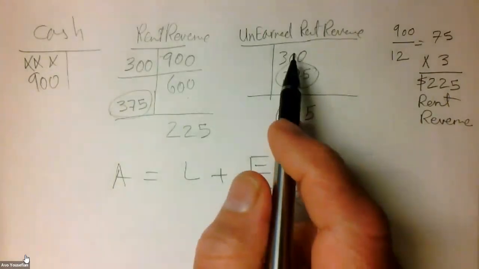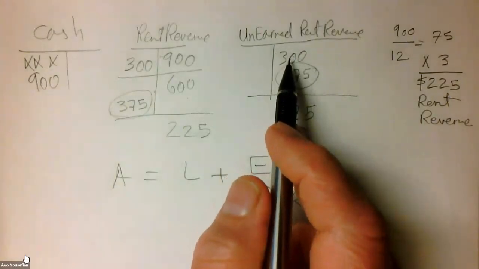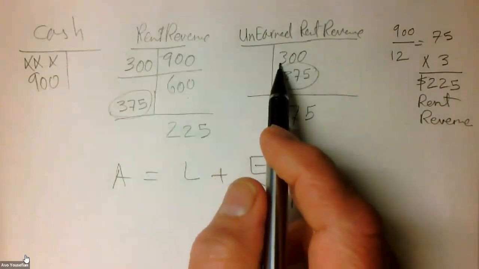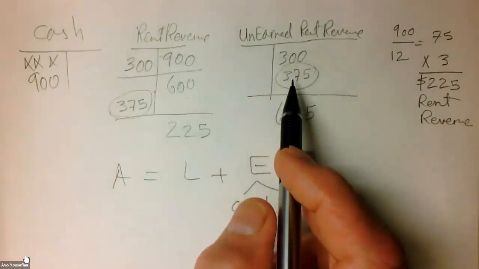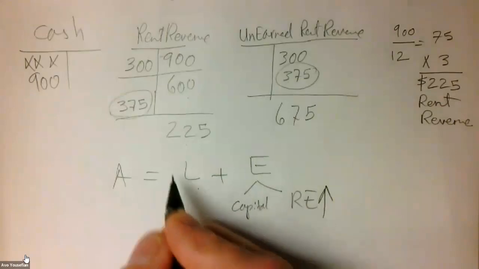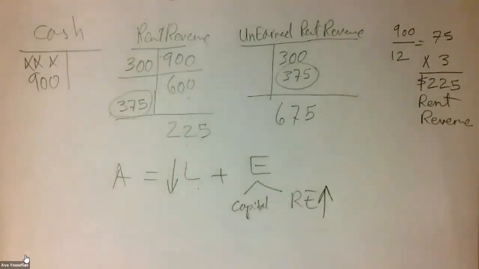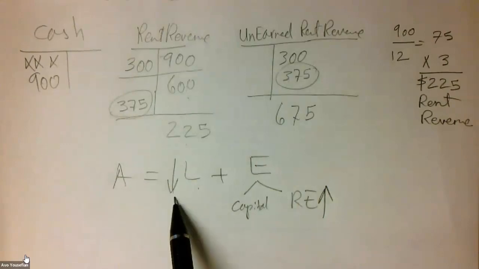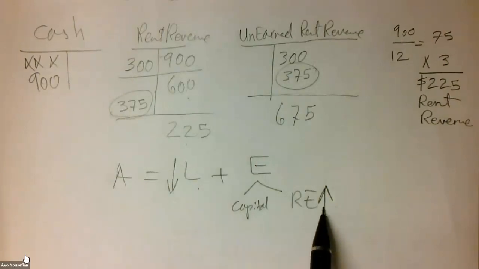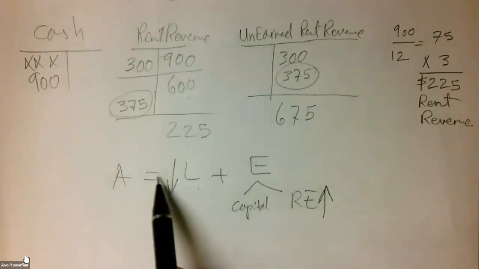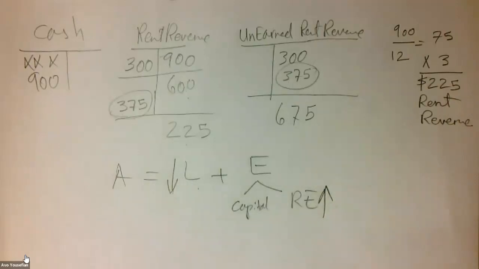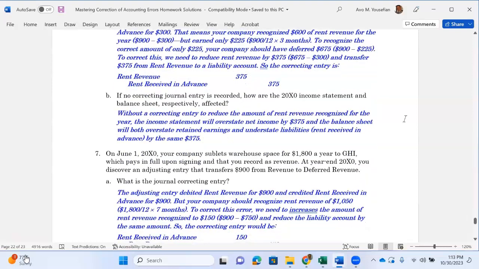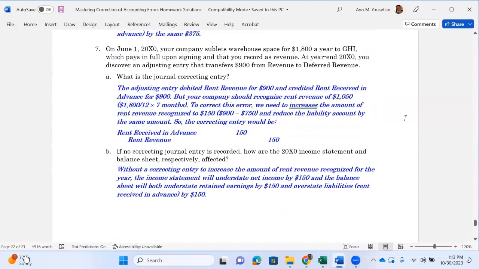And if you don't do the correction, your liability will be only 300, which is understated. As you see in your equation, asset is no change, liability will be understated, retained earnings will be overstated, still equal, but all mess and useless information. That was number 6. Let's do number 7.